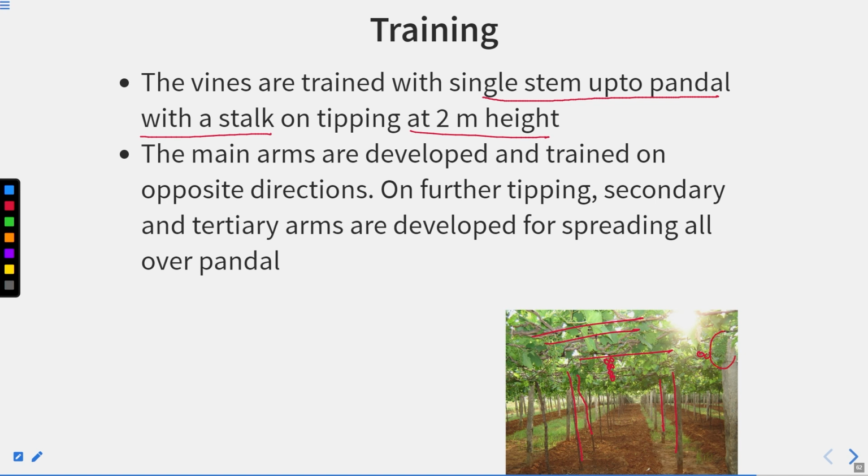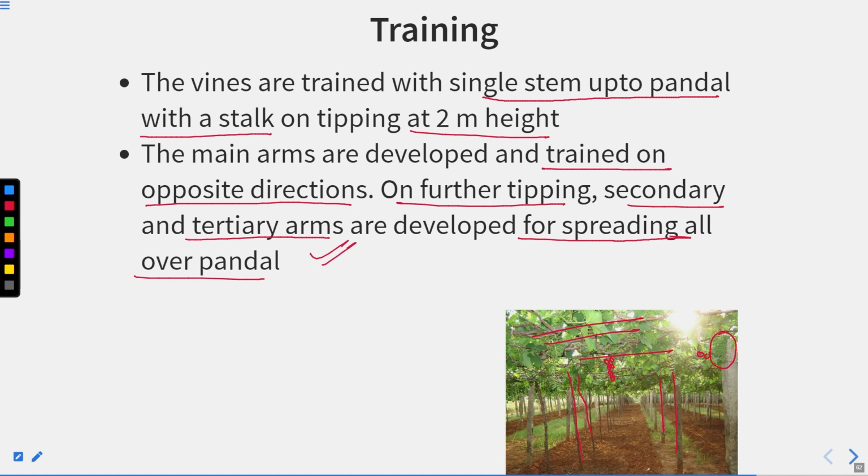Here you can see the grapes, right? So the main arms are developed and trained in the opposite direction on further tipping. Secondary and tertiary arms are developed for spreading all over the pandal. So this is the pandal, and you have to take care of where to spread the primary, secondary or tertiary arms.